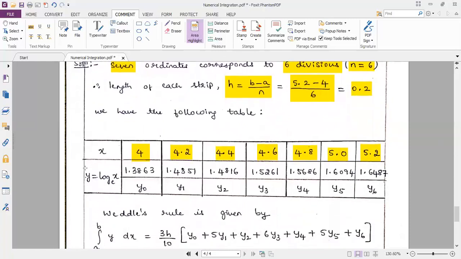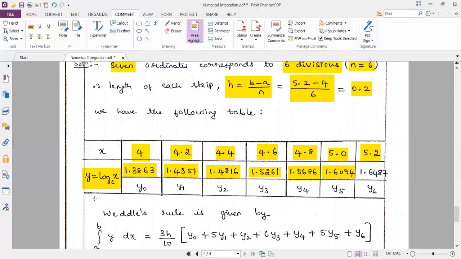Now, y is the given function, which is log x to the base e. When x is equal to 4, log 4 to the base e is 1.3863. Log 4.2 is 1.4351. Similarly, log 4.4 is 1.4816. Log 4.6 is 1.5261. Similarly, log of 4.8 to the base e is 1.5686. Log 5.0 is 1.6094.